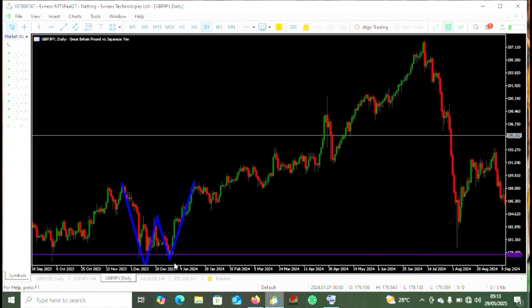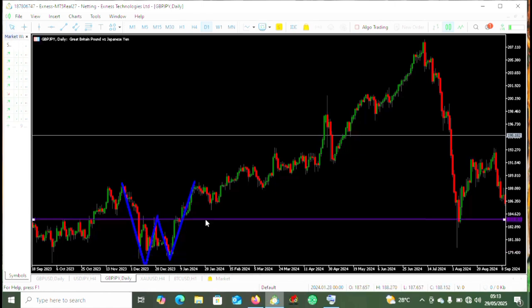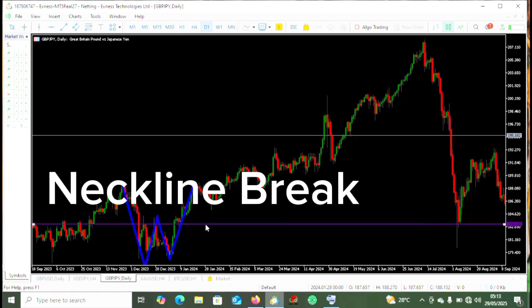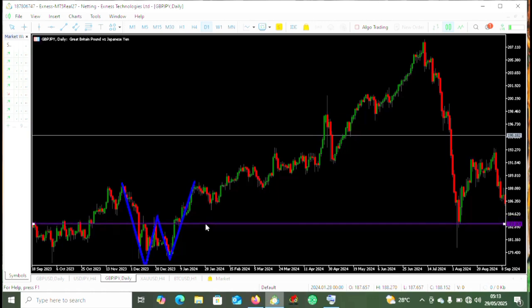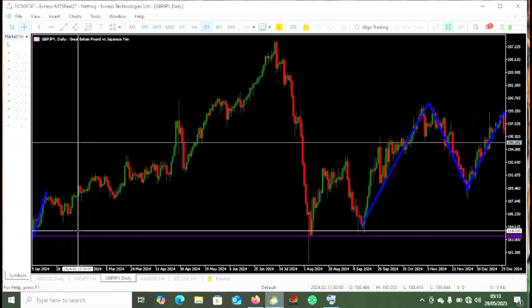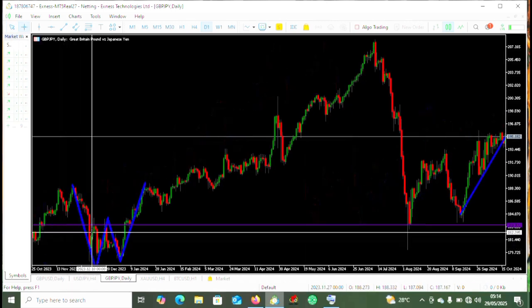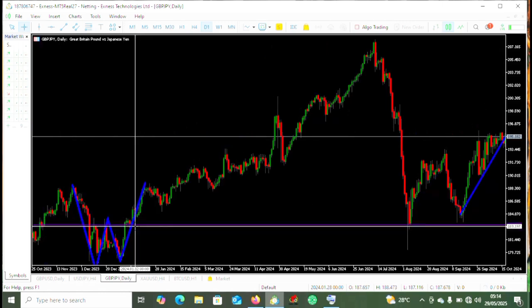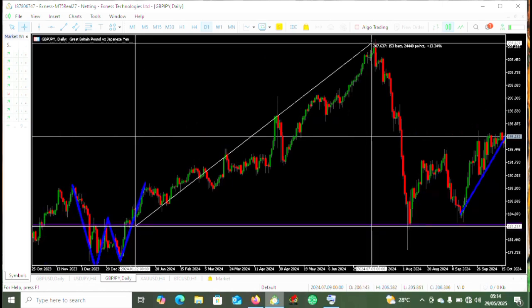Now, to confirm that too, you can see that at the break of this neckline, the market has been making a higher low and a higher high, giving us a complete reversal. If I check from this peak here, from the break of the neckline, this market has actually made about 2,400 pips.